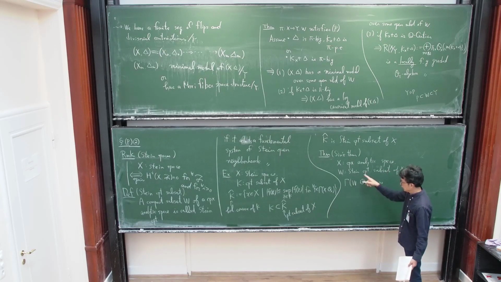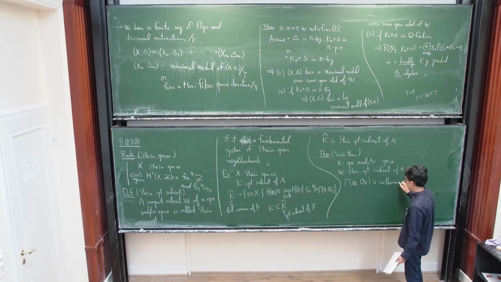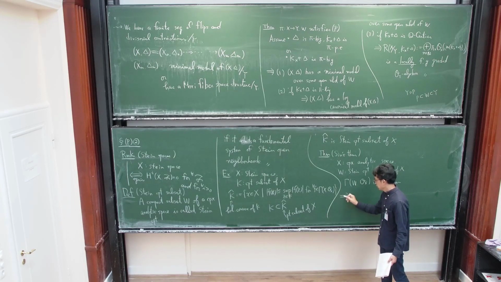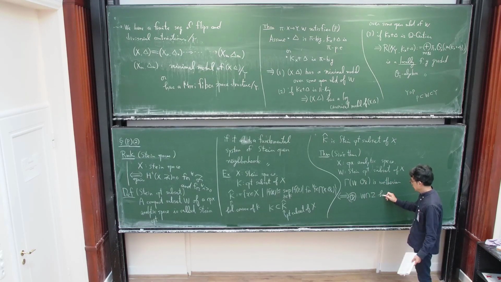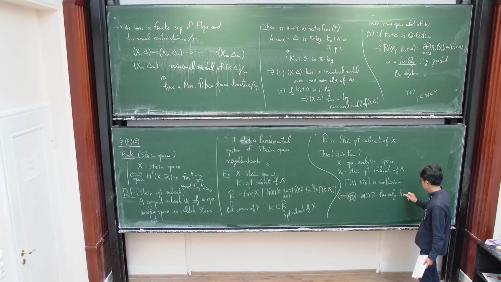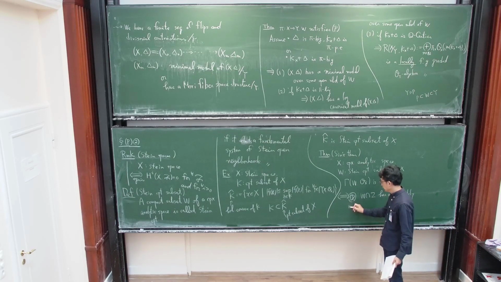In general, it is Noetherian if and only if condition star: W intersection Z has only finitely many connected components.